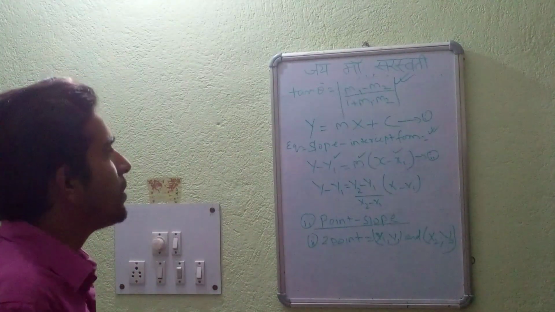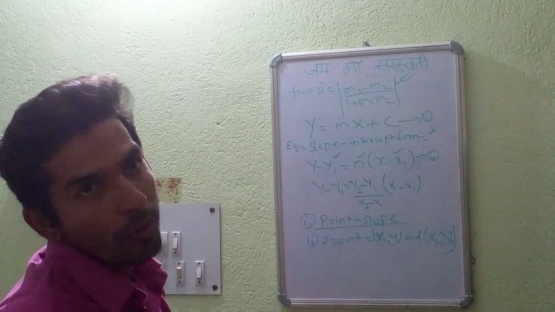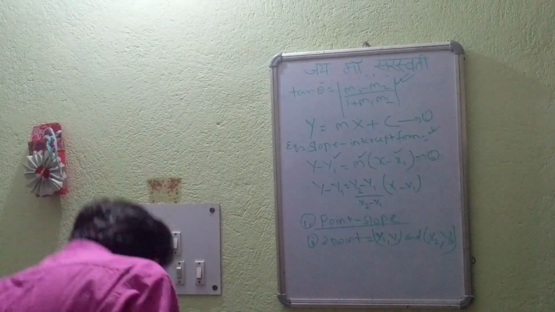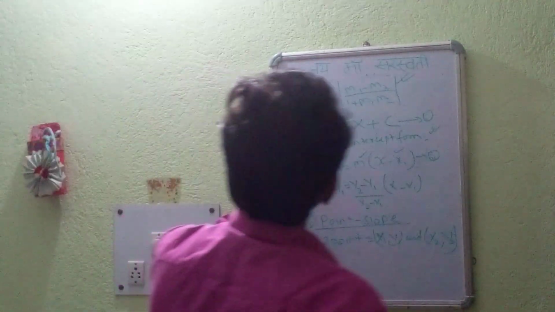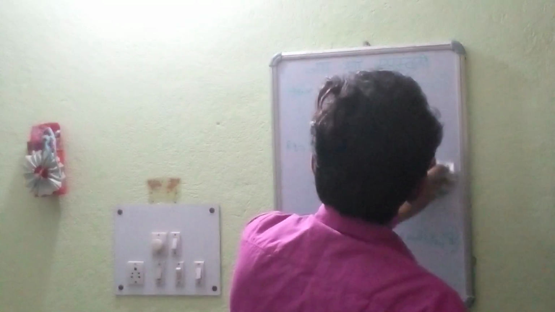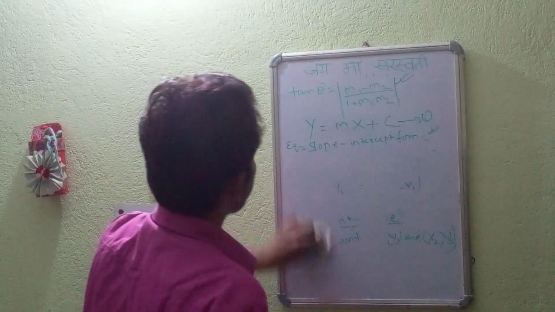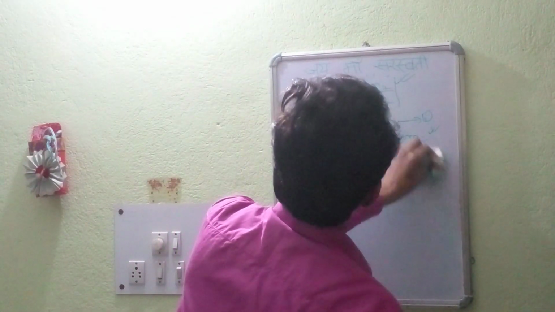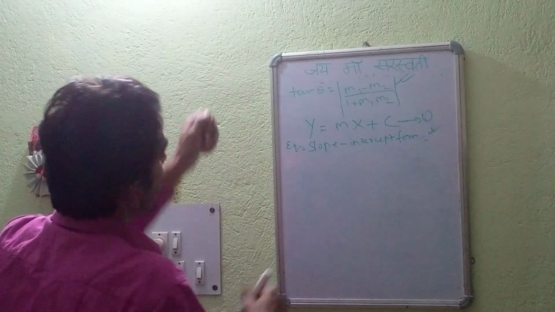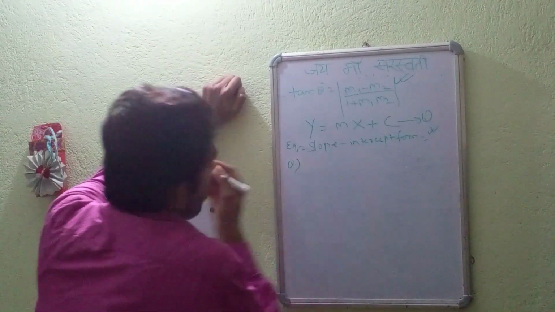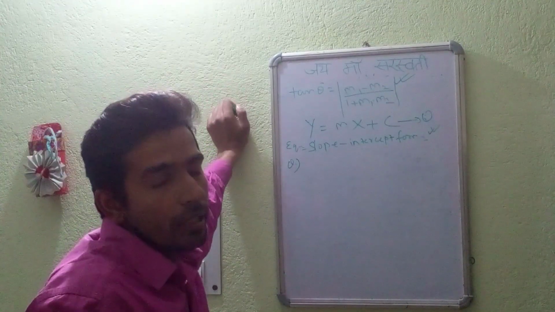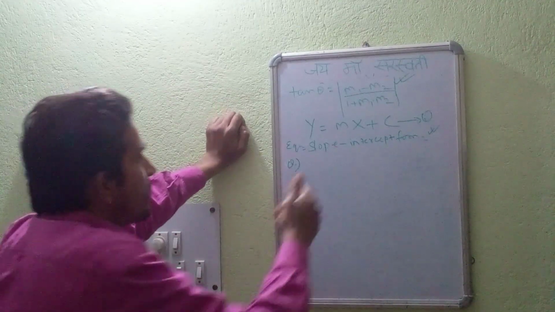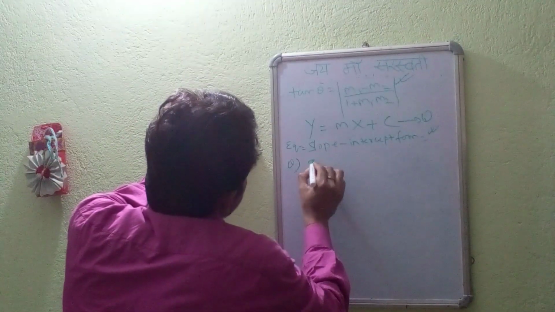So first of all, we will take the first example, y is equal to mx plus c, which as we already mentioned is the slope intercept form of the equation. The question may come in this way. The question may be based on y is equal to mx plus c, where the intercept on the y-axis is given.